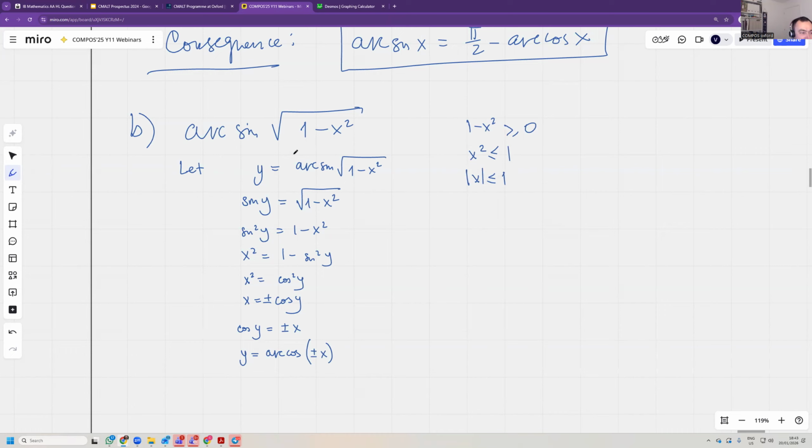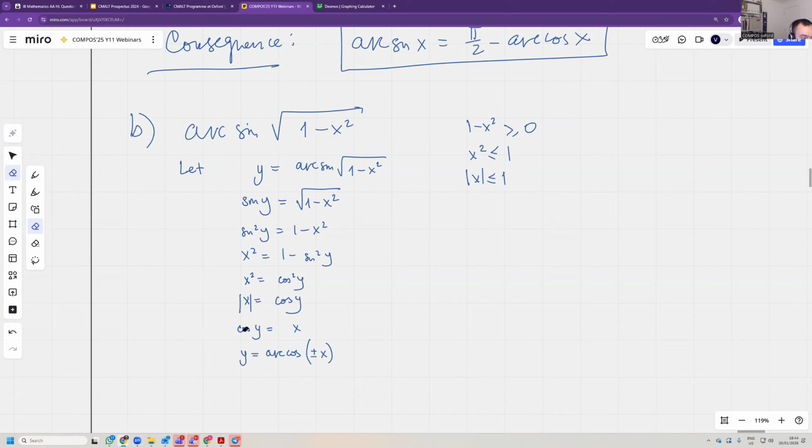And when you do that, y squared, instead of plus minus, you're allowed to use modulus x, because it has to be positive.